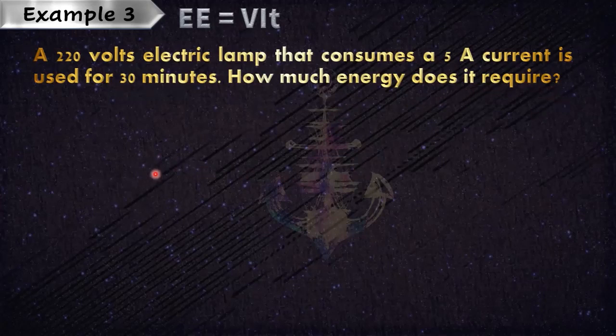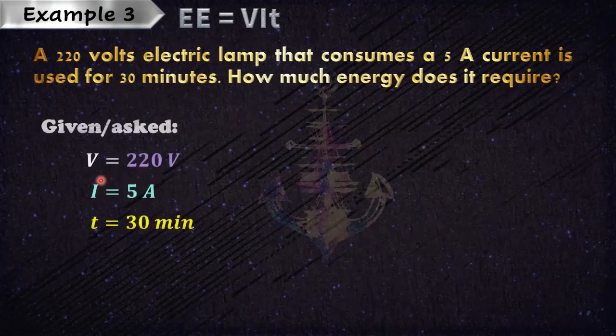So we are asked for the electric energy. Input the given: we have 220 volts for voltage, our current is 5 amps, and the time given here is 30 minutes. So in seconds, that is 1,800 seconds.